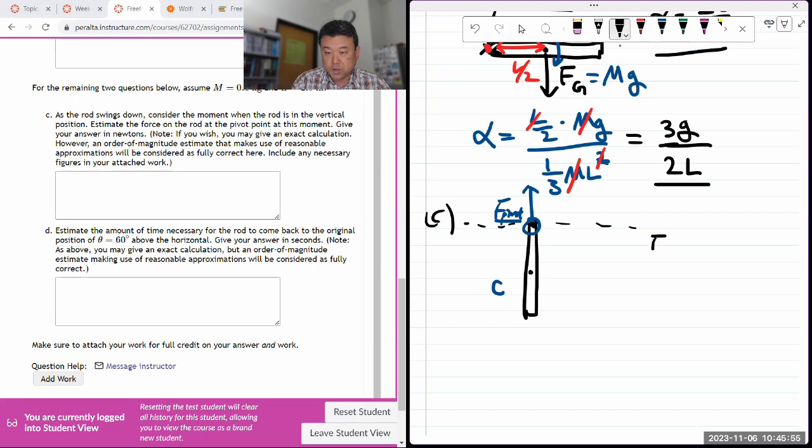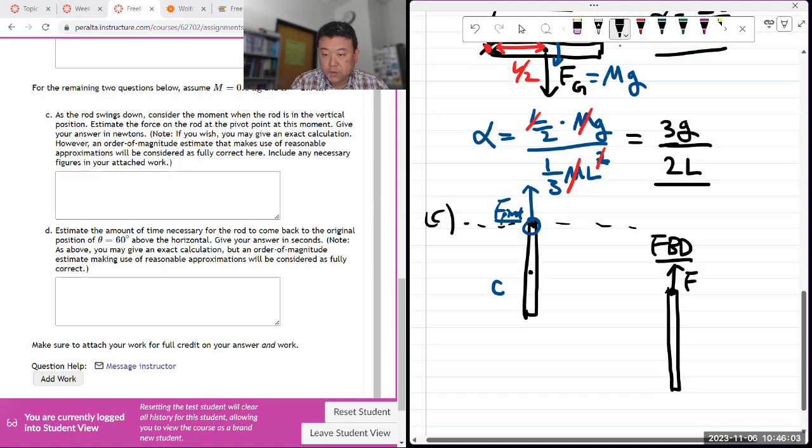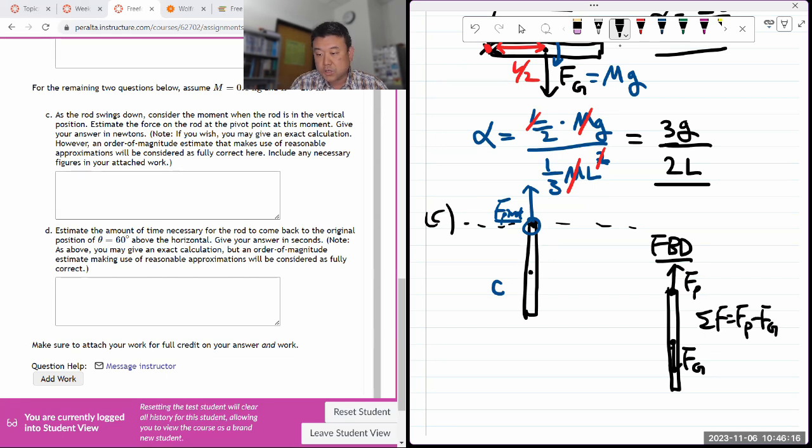As you draw the free body diagram, if you are thinking that on this extended object I have a force of the pivot here, I have gravity acting here, and they are going to be equal and opposite, so net force Fp minus Fg will be 0, you have fallen into my trap of trying to get you to say that the pivot force is mg.